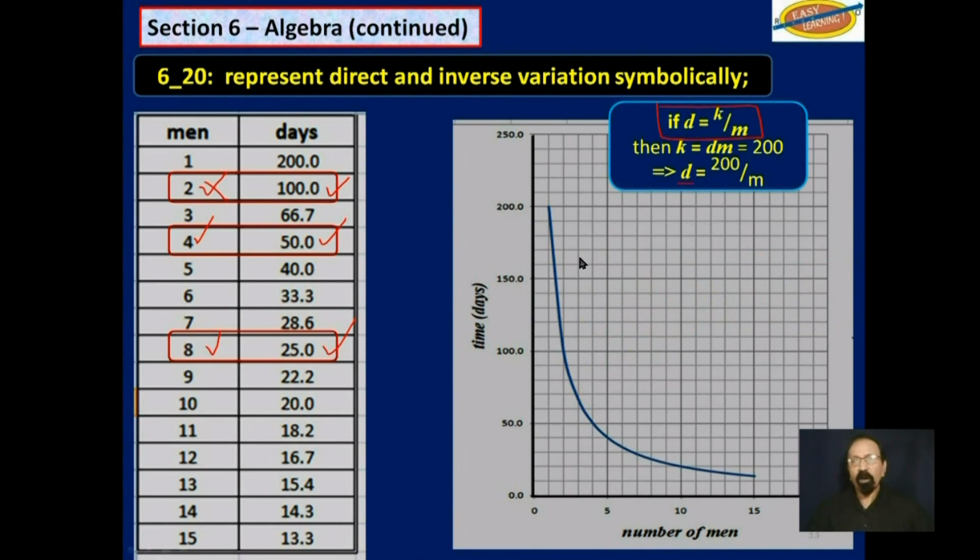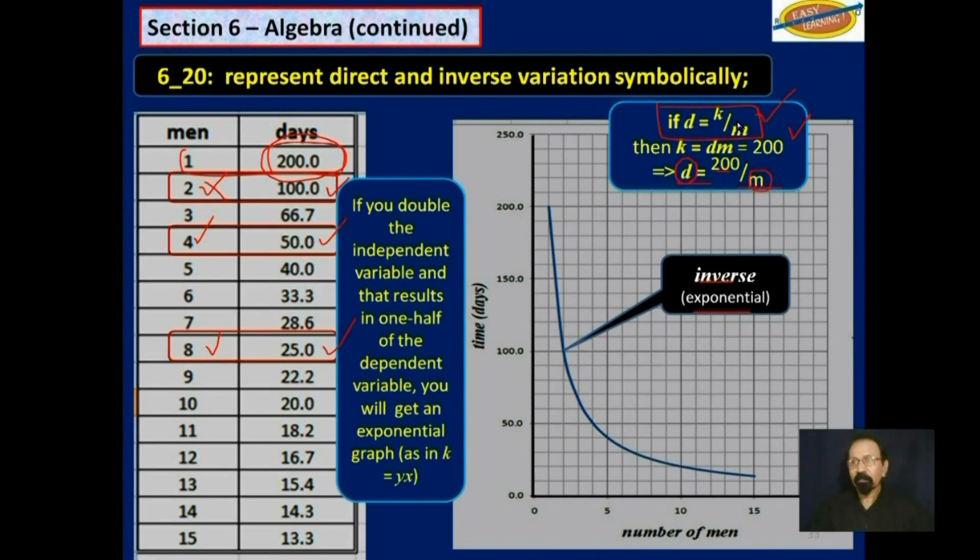And so we get the formula D is equal to 200 over M, D being days, M number of men. That 200 came from one man will take 200 days. So we can use that formula depending on the amount of men available. So inverse exponential, that formula does work.